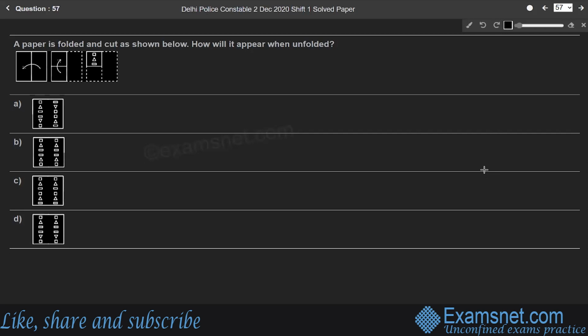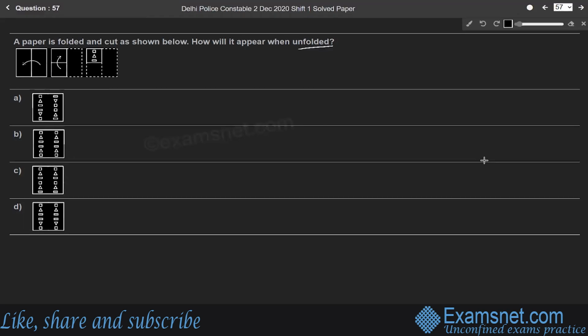Question 57. A paper is folded and cut as shown below. How will it appear when unfolded? So here at first the paper is folded like this, and once again it is folded in the form of a square, right? And it is cut like this. So a square, triangle, and a rectangle. So when it is unfolded, first it appears like on a rectangular sheet of paper like this.